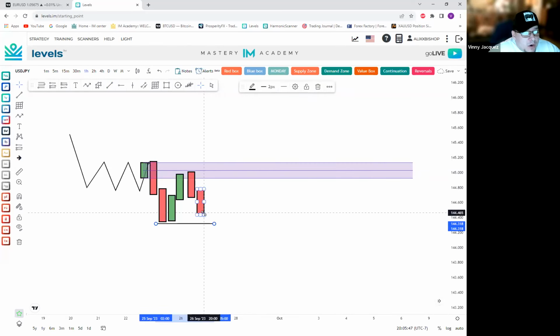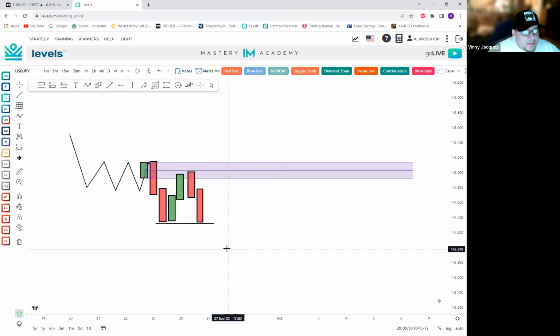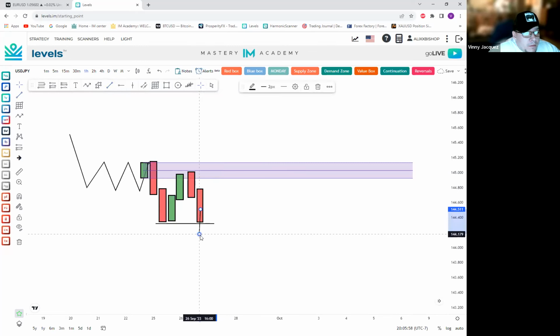So let's just say the market hits off this area and rejects, maybe leaves a wick. Maybe it pushes all the way down here. We're thinking it's going to be another BOS continuation to the downside, but it pulls back, right? Let's just say it pulls back.